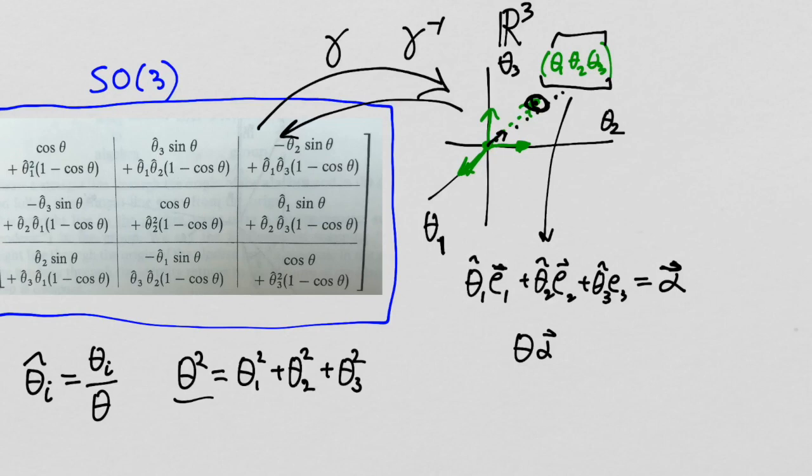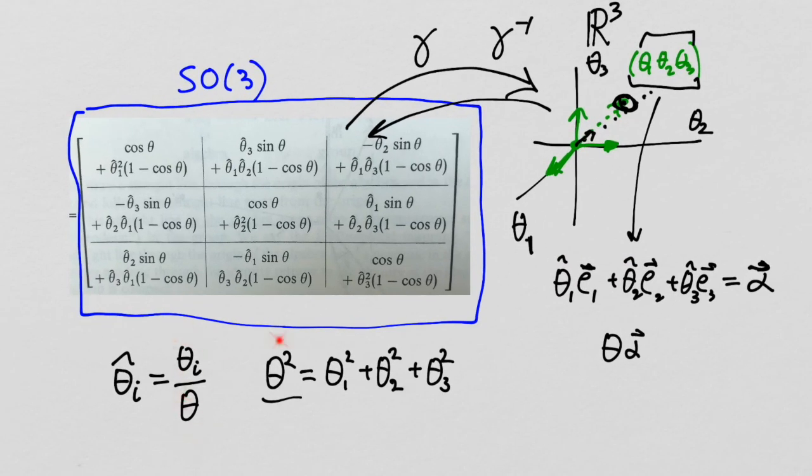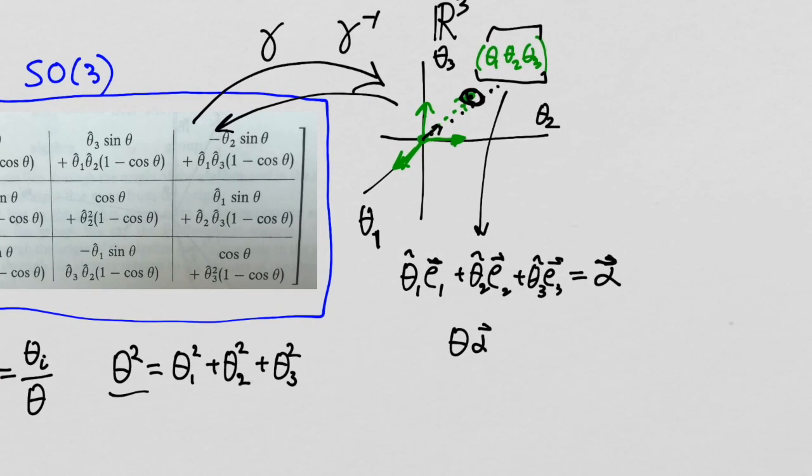Notice the E1, E2, and E3 are unit vectors, and these hats are just real numbers, the parameters divided by the magnitude. They're also called the direction cosines. So the actual little vector that goes from the origin to some arbitrary point is theta alpha arrow.